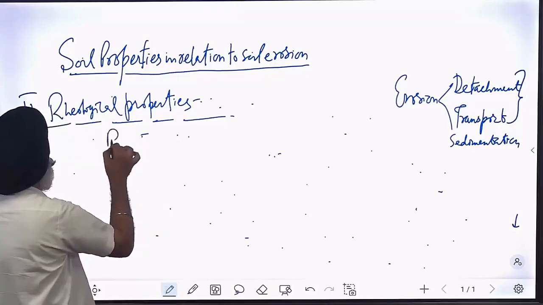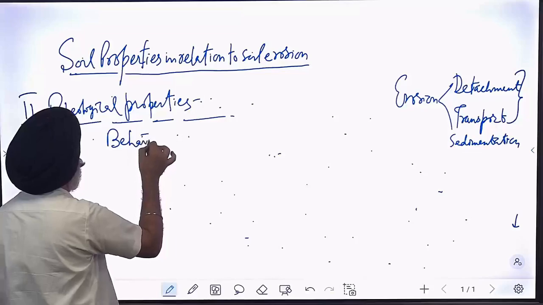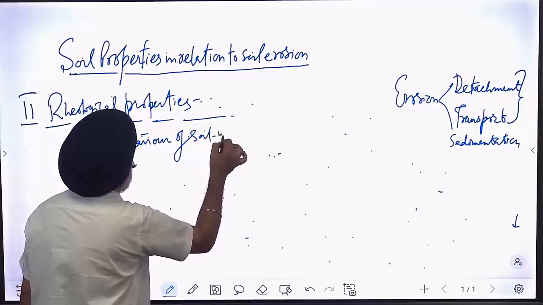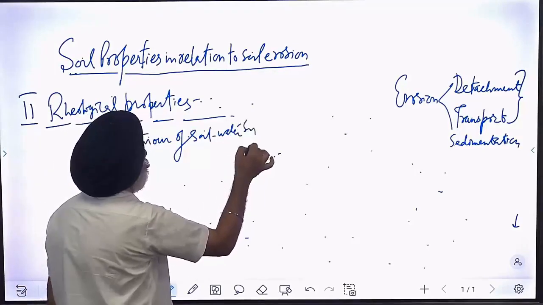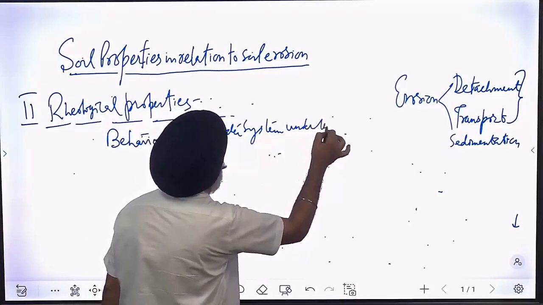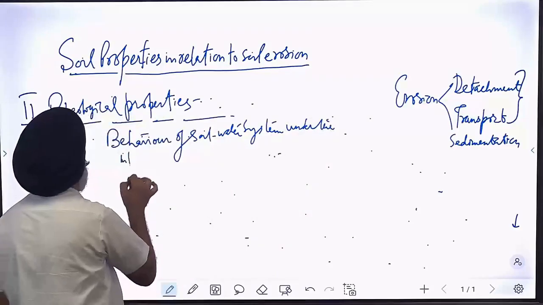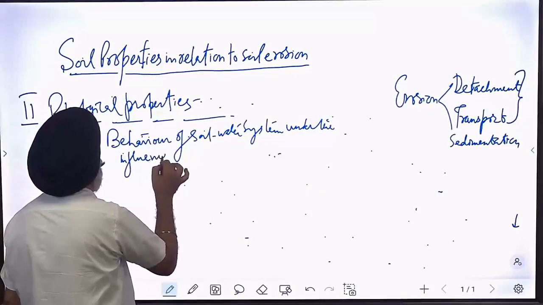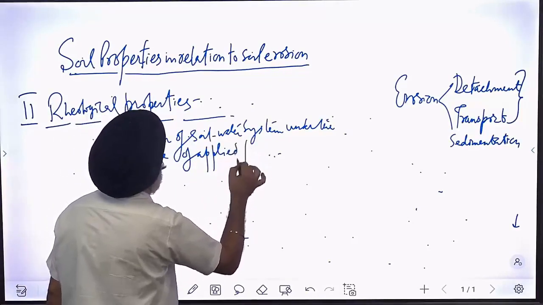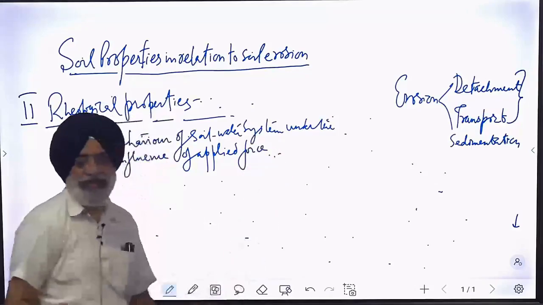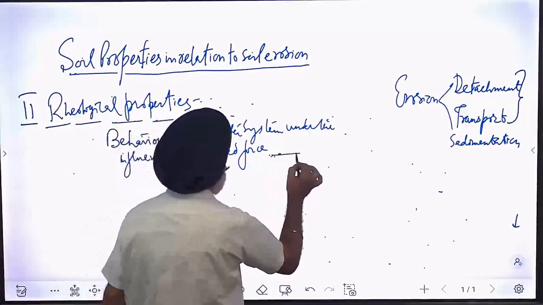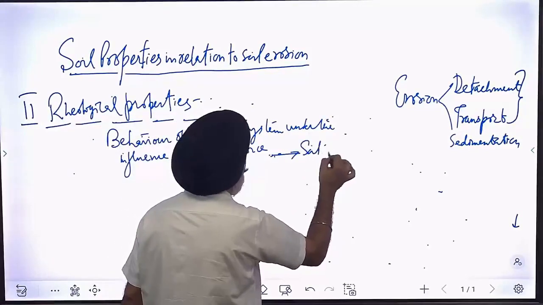So, it defines behavior of soil water system under the influence of applied force, and it depends upon the consistency of the soil. So, this basically determines soil consistency.